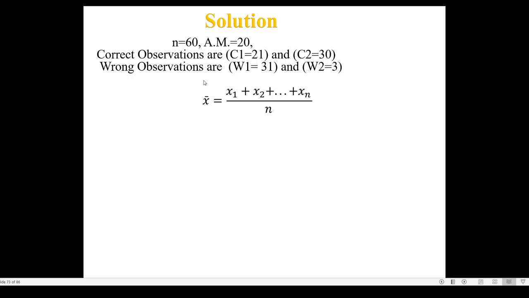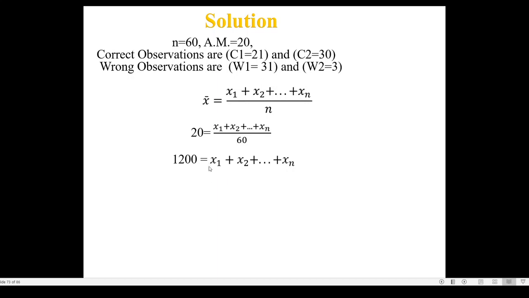Here x bar is given as 20 and the value of n is 60. If we put these two values here, we get 20 is equal to summation xi upon 60. That is 20 into 60 is equal to summation xi. 20 into 60 is 1200. This is equal to x1 plus x2 up to xn, which means the sum of all observations is equal to 1200.